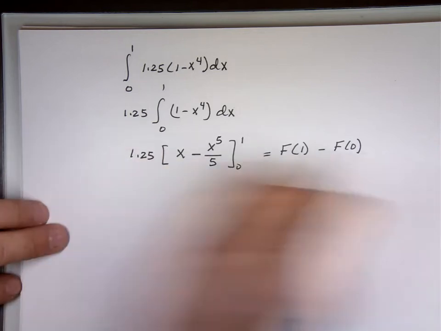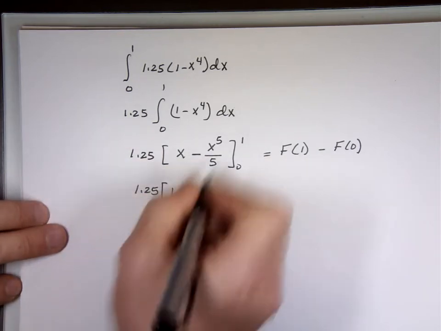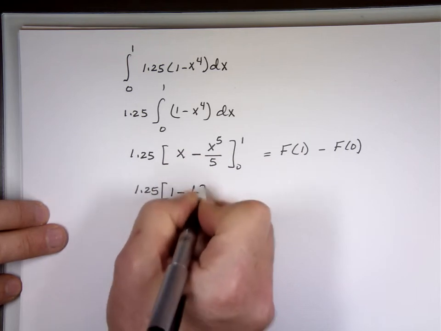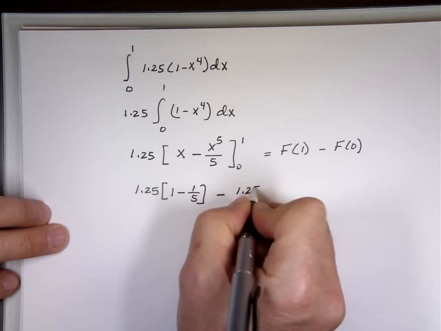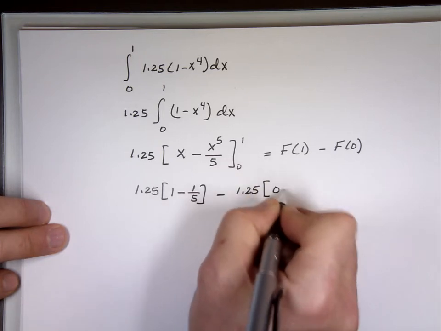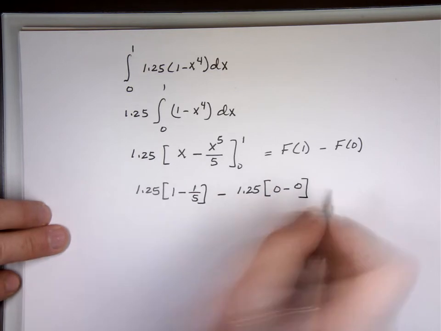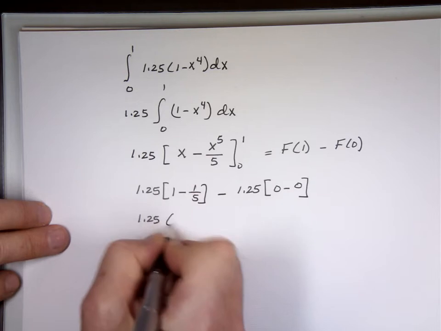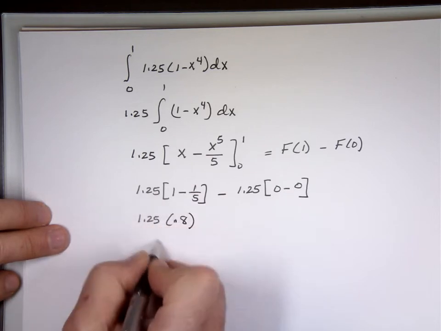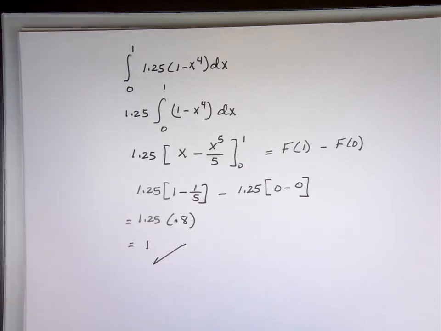So when x is 1, that's 1.25 times (1 minus 1/5), minus, when x is 0, 1.25 times (0 minus 0). That's 1.25 times 0.8. Is that a 1 when you multiply them? So that is a valid density function.